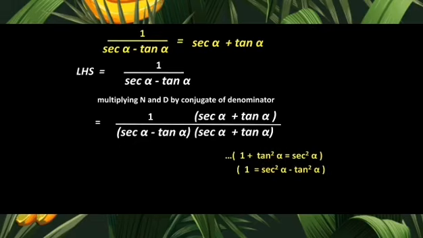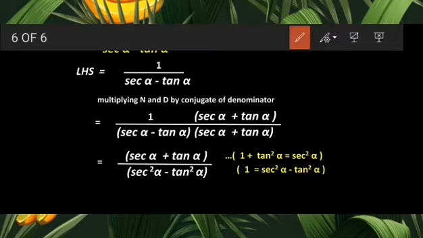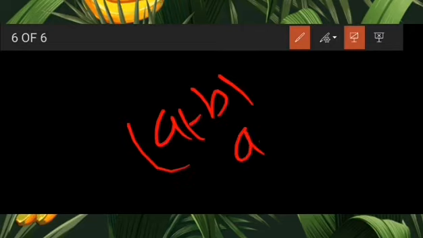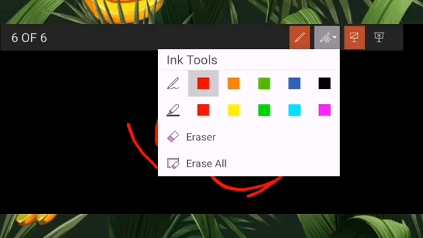Always keep it in mind, whenever we have a plus b and a minus b, we always choose the minus bracket to mention the identity. Don't forget this part.